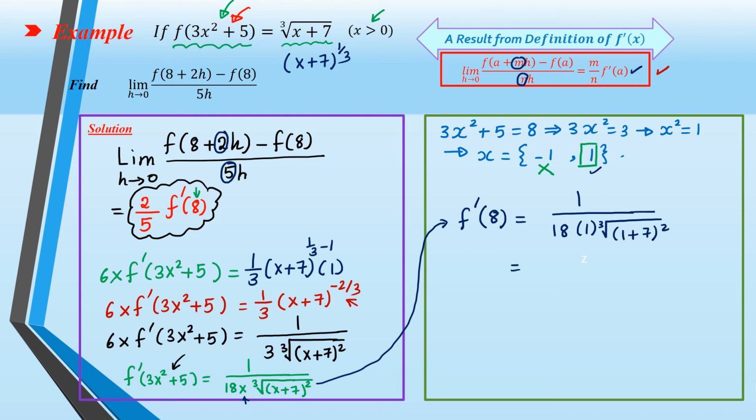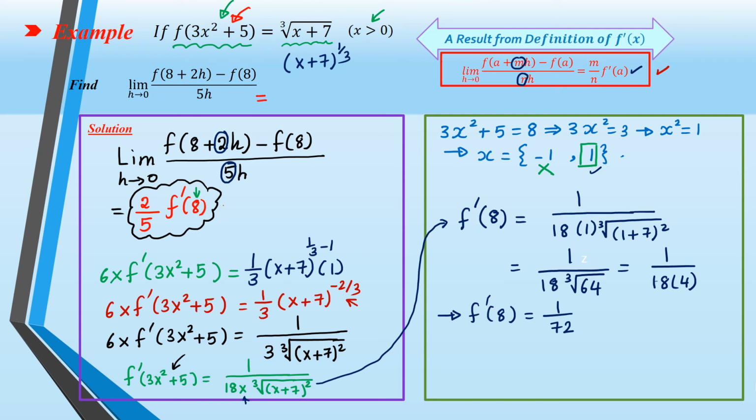By simplifying, this equals 1 over 18 times the cube root of 8 squared, and 8 squared equals 64, so this equals 1 over 18 multiplied by 4, which gives us that f prime of 8 equals 1 over 72.